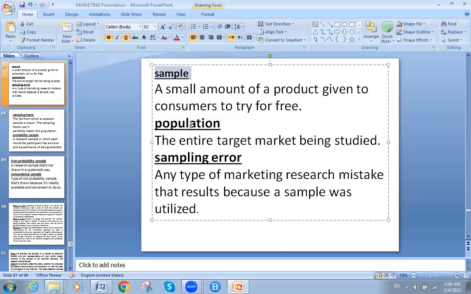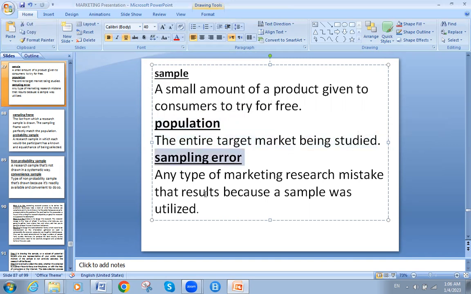You have to choose the sample out of the population so that the characteristics of the sample reflect the characteristics of the whole population. The population is the entire target market being studied.